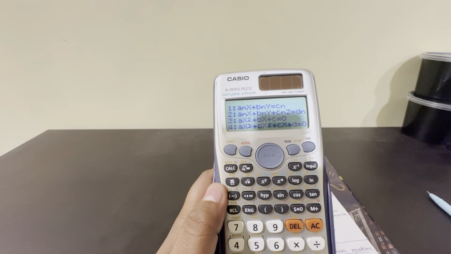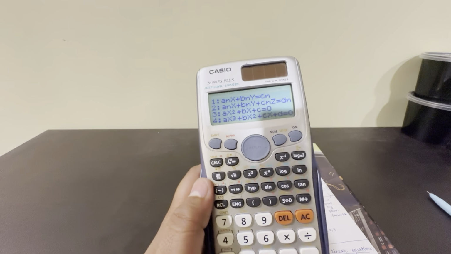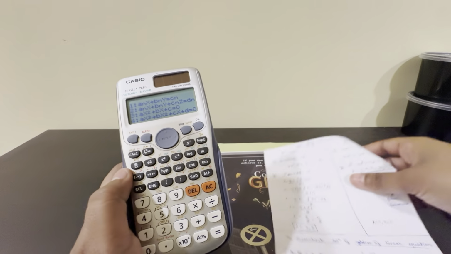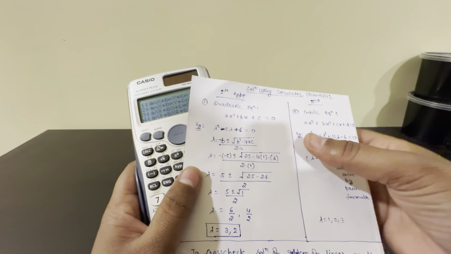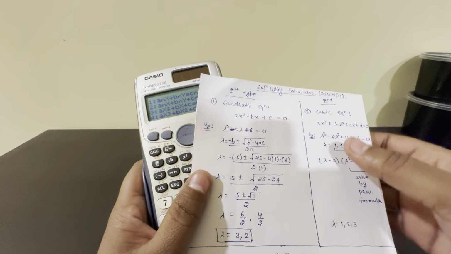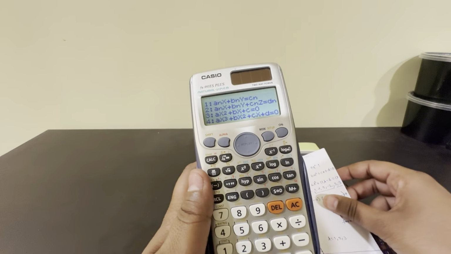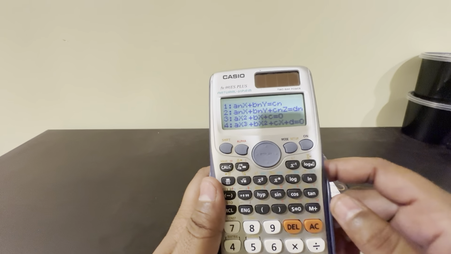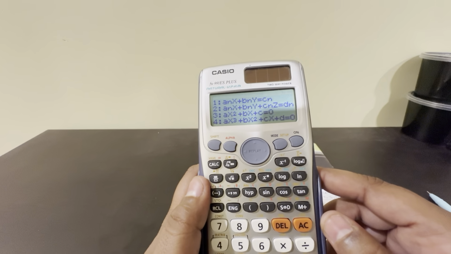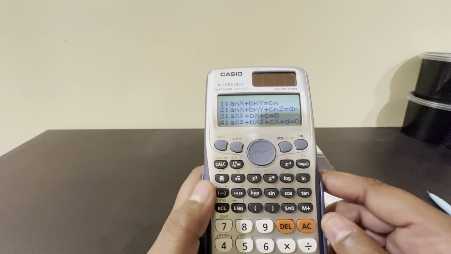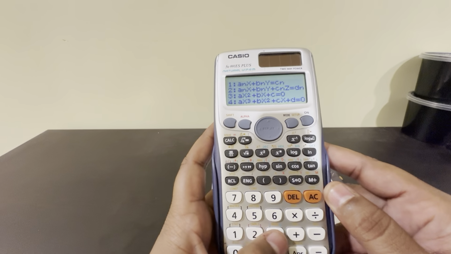And the third one is for the quadratic equation, ax square plus bx plus c equals to 0, the general quadratic polynomial. So for this we have to press 3.